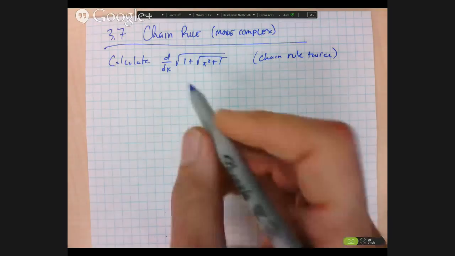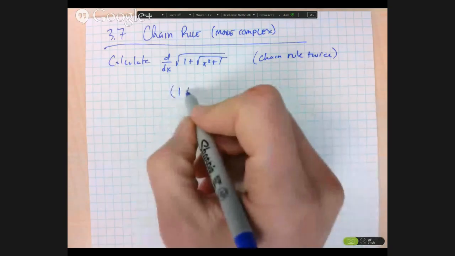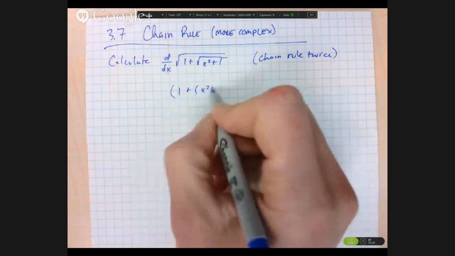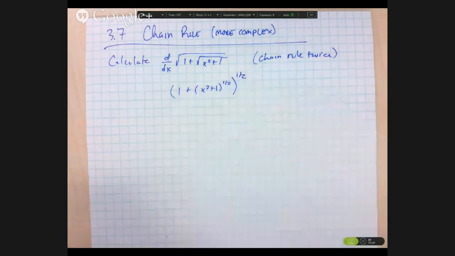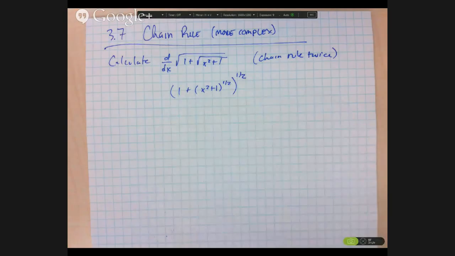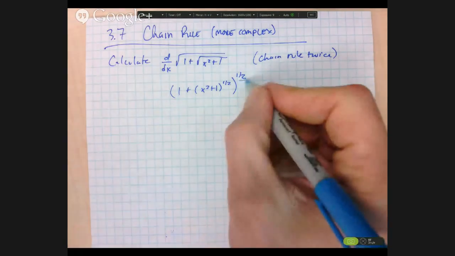So if I want to rewrite, I got to rewrite this first. So now we can use the power rule within the chain rule. What's the most outside? When you take the 2 off of x squared, one-tenth, oh, never mind. Okay, this is the most outside.